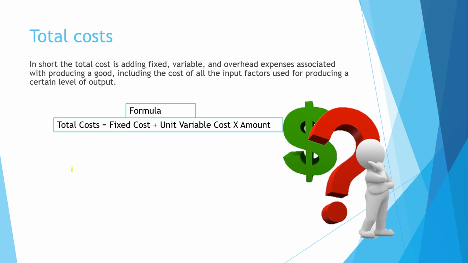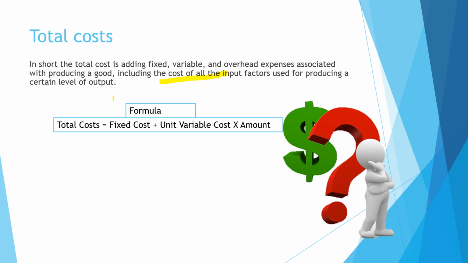In short, total cost is adding fixed, variable and overhead expenses associated with producing a good, including the cost of all the input factors used for producing a certain level of output. So that is your total cost.